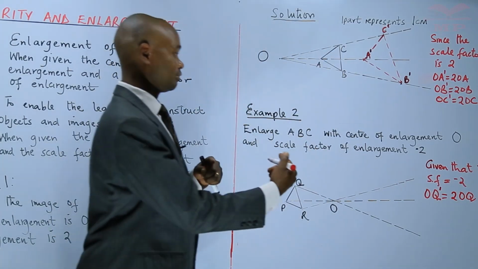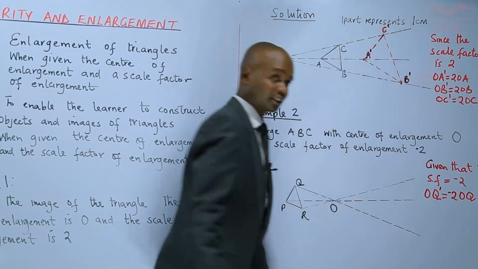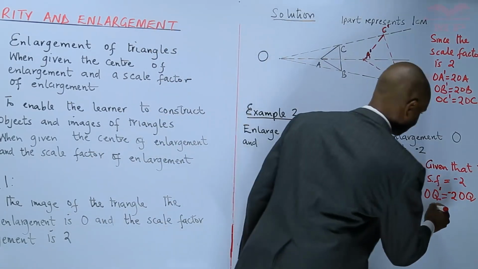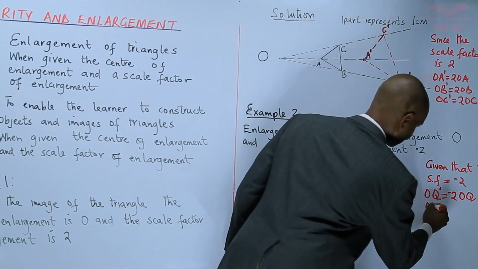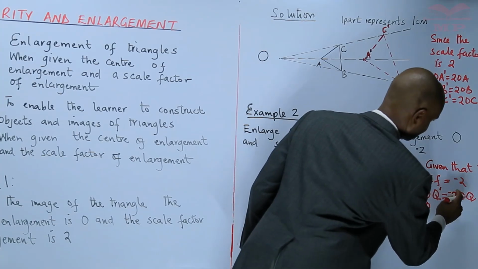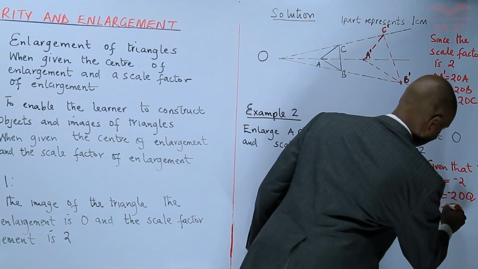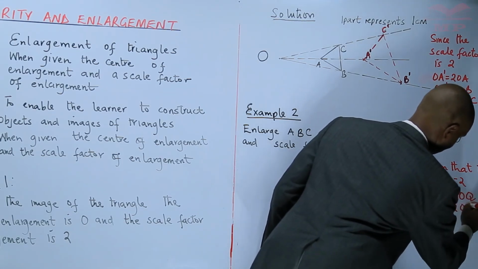So since the image distance is negative, you can include a negative. So you'll have OP prime will be -2 OP.